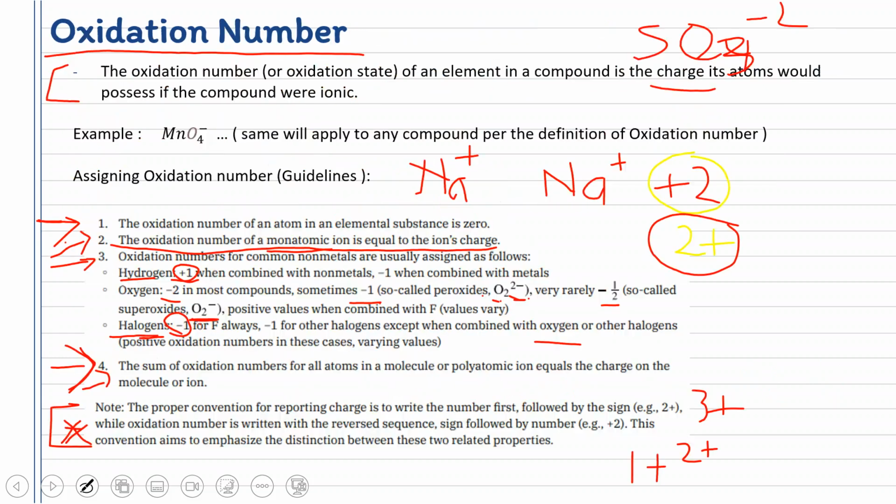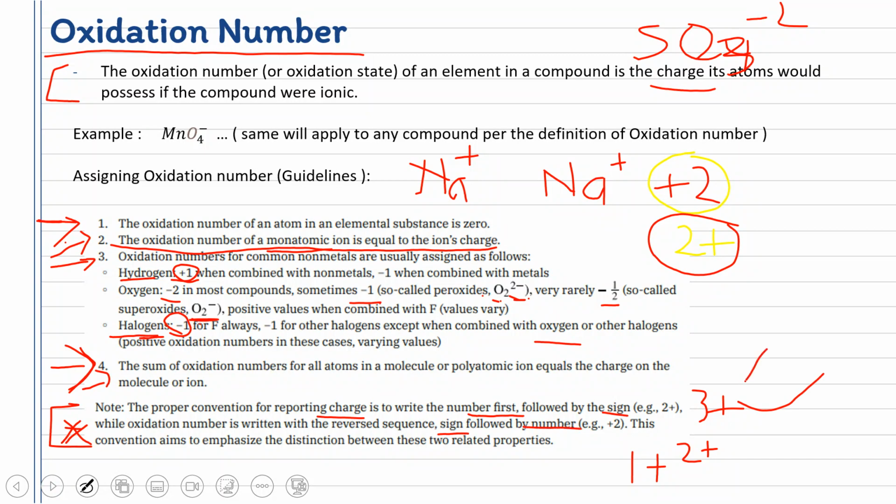If you remember last time, we said that the proper convention when you're writing the charge is to write the number first, followed by the sign. So this is the correct way to write the charge. If you're writing the oxidation number, you write the sign, then followed by the number. Let's keep that in mind.